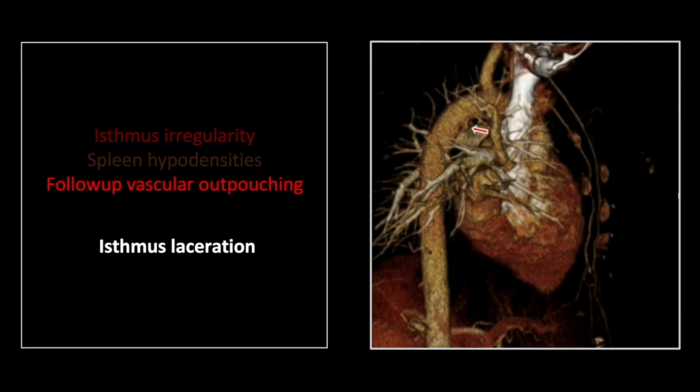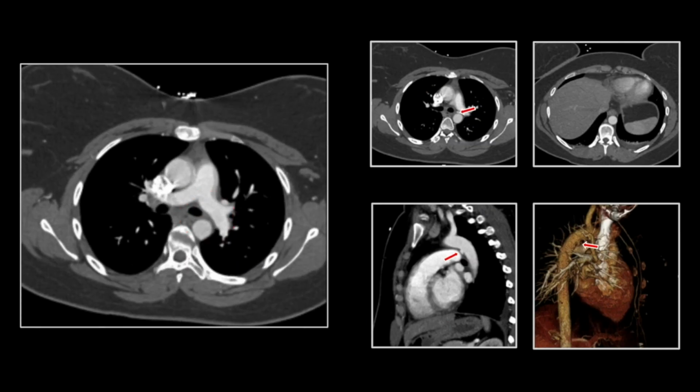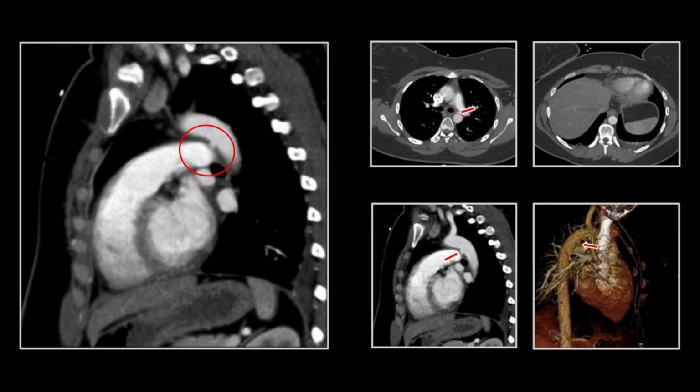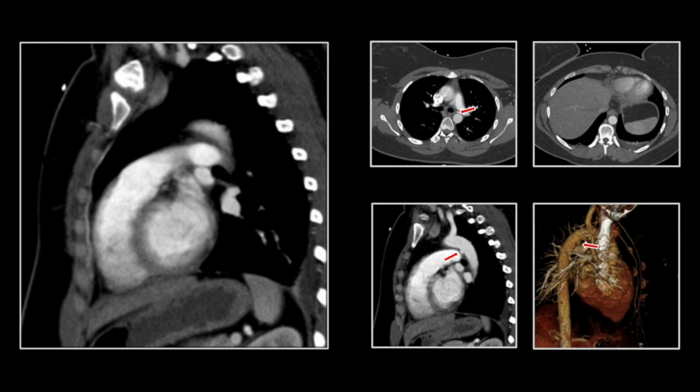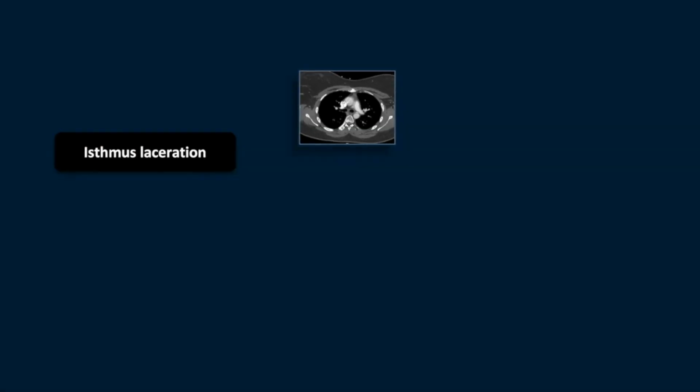There is the tiny contour abnormality on a 3D, and here it is on the axials and the sagittals. So obviously, this patient survived this aortic isthmus laceration.